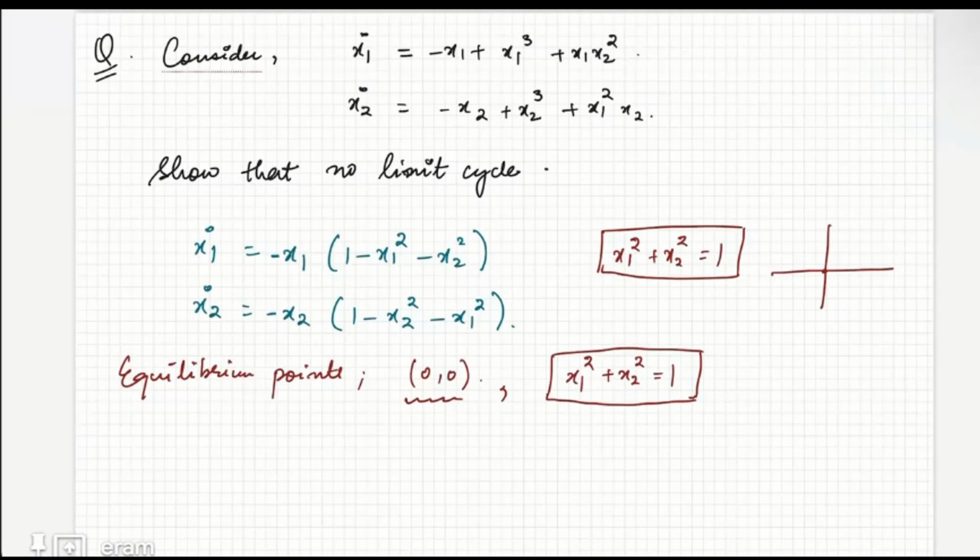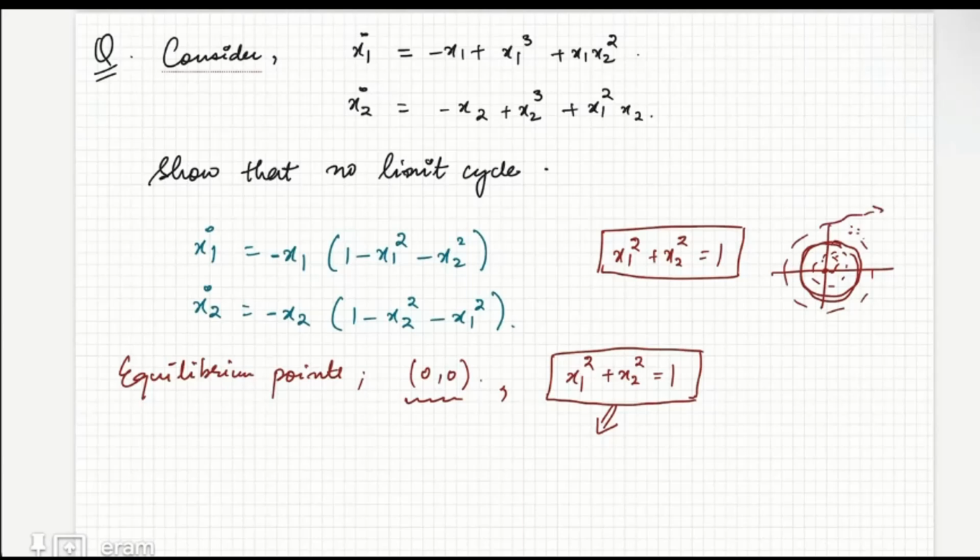And since it is a stable node, when you analyze the system on this domain, inside and outside of it, you will figure out that every trajectory starting inside this unit circle will converge to 0, 0, and every trajectory starting outside of this unit circle will go out.